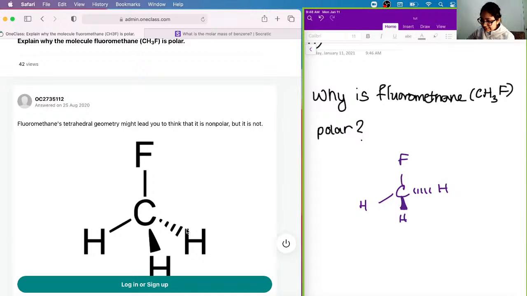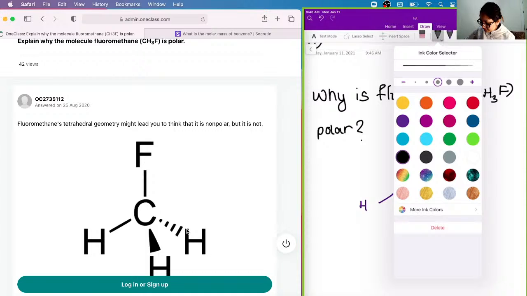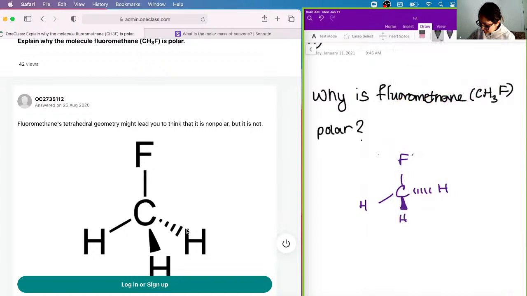What we mean by this is that there is a carbon and fluorine bond, and when we're talking about polar and nonpolar, we're talking about electronegativity. Since carbon and fluorine do not have the same electronegativity, they're quite different. Fluorine has a higher electronegativity than carbon. It's more than just 0.5.